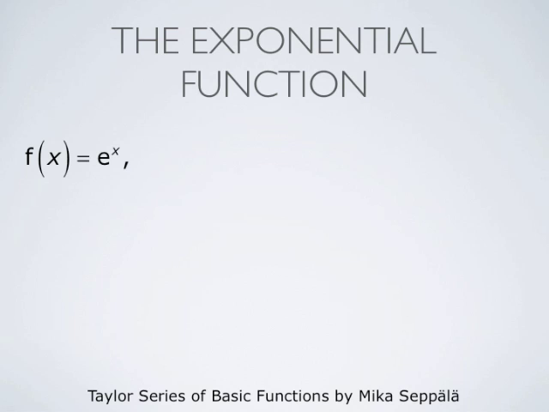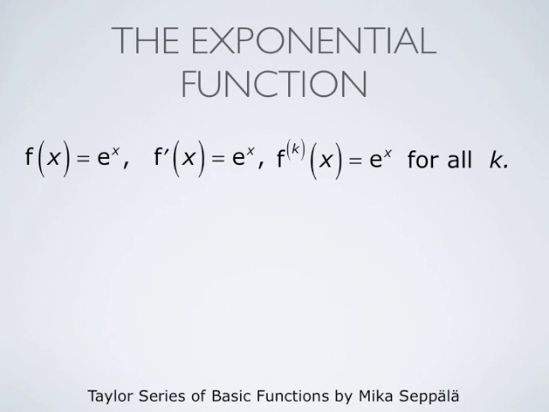The Taylor series at x = 0 for the function f(x) = e^x can be easily formed, because the exponential function has a property that its derivative is just the exponential function itself, and also all other higher derivatives are just the exponential function itself. And this means that the value of the function and that of all of its derivatives at x = 0 is just 1.